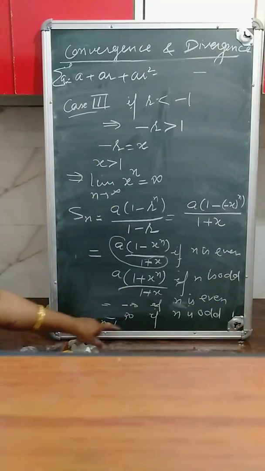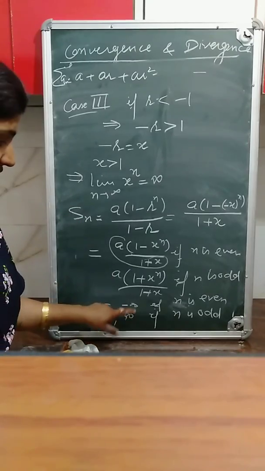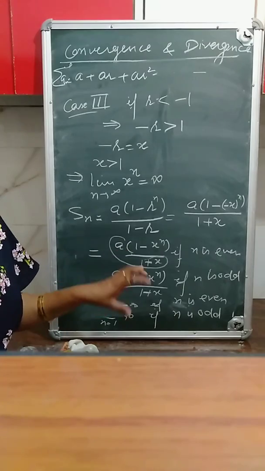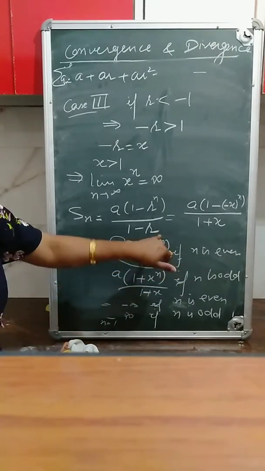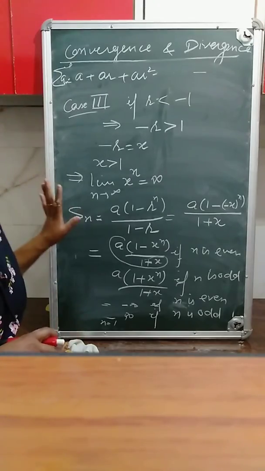So again it is very clear, the sequence Sn oscillates between infinite limits, minus infinity, plus infinity, minus infinity, plus infinity. So series summation an will also oscillate between infinite limits.